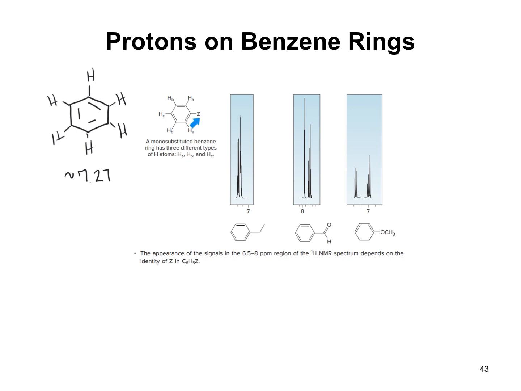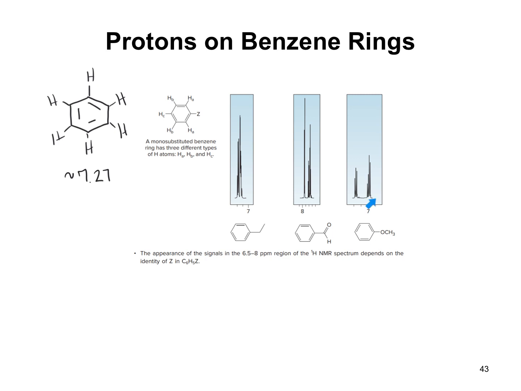Monosubstituted benzenes contain 5 deshielded protons that are no longer equivalent, so they appear in different places. For example, if we have an ethyl group as the monosubstitution, you would see it above 7. If we have an aldehyde, we would see it right below 8.